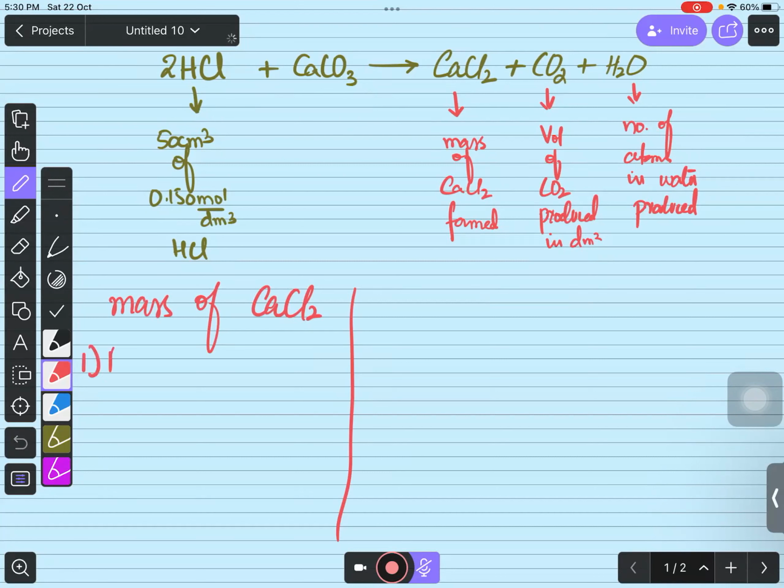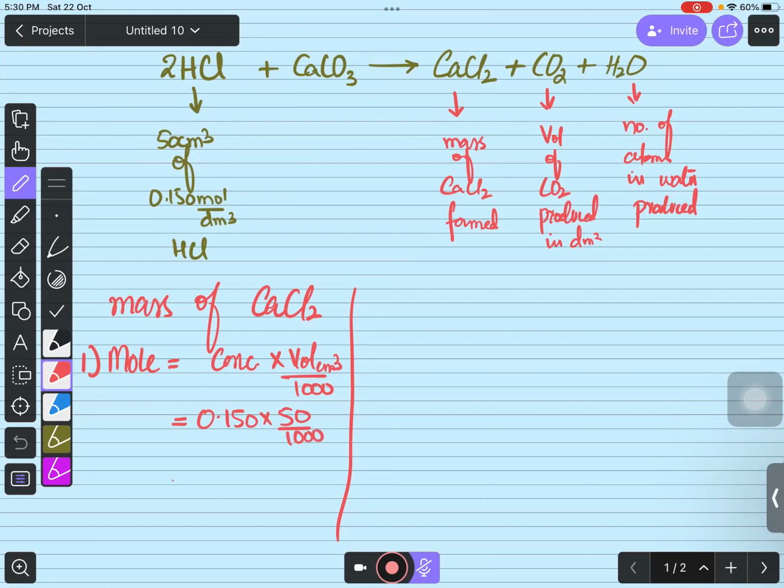Number 1, moles. What is given to you? The concentration and the volume of HCl are given. So you can find concentration into volume, and the volume is in cm³, so we need to divide it by 1000. So it will be 0.150 into 50 divided by 1000.